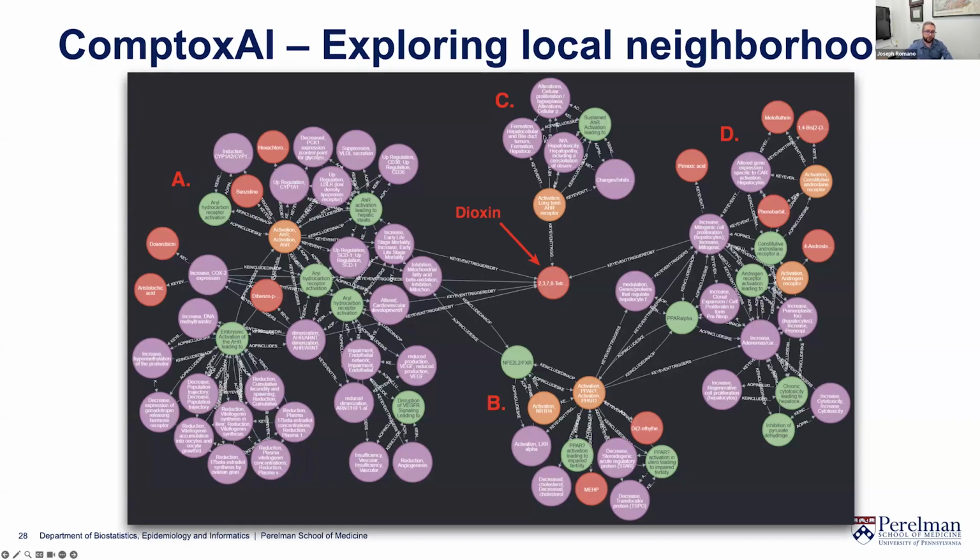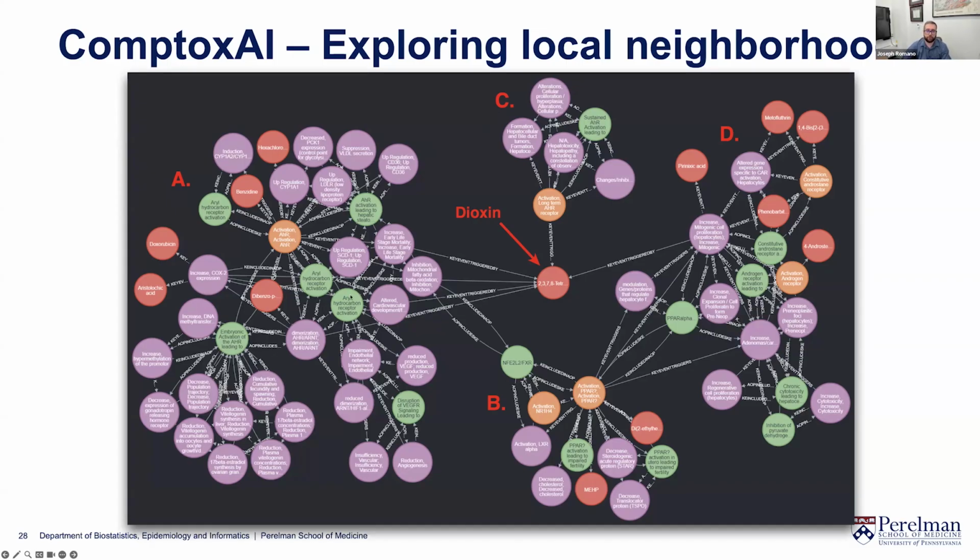We can see that dioxin is associated with these clusters or groups of adverse outcome pathway type entities and concepts. In group A, we are seeing things mainly related to reproductive health outcomes. C and D seem to be cancer related, and B looks like it might be kidney related.